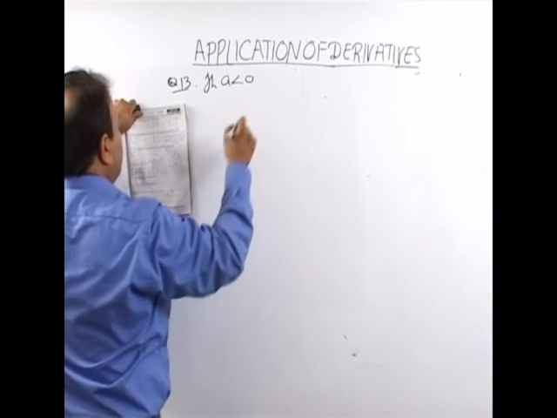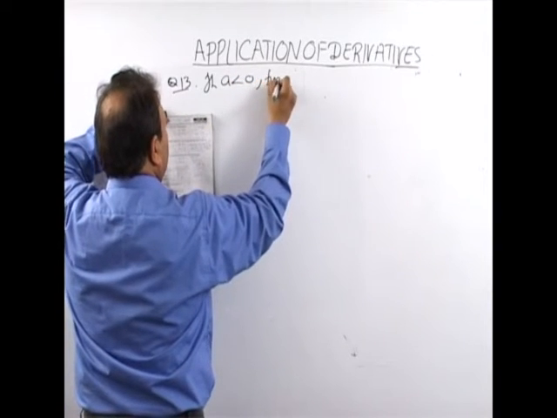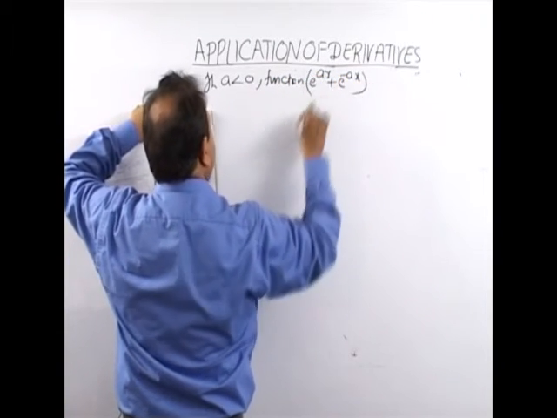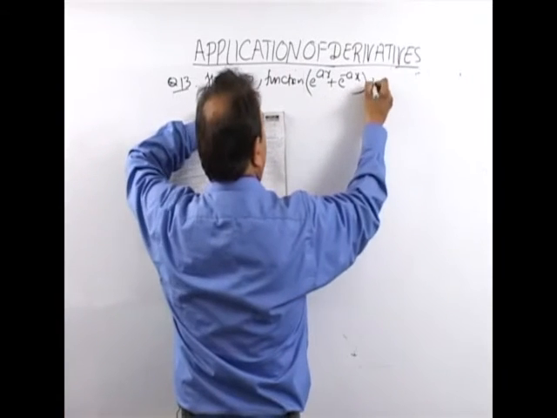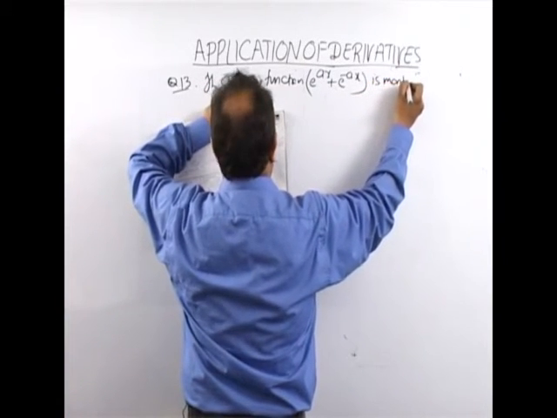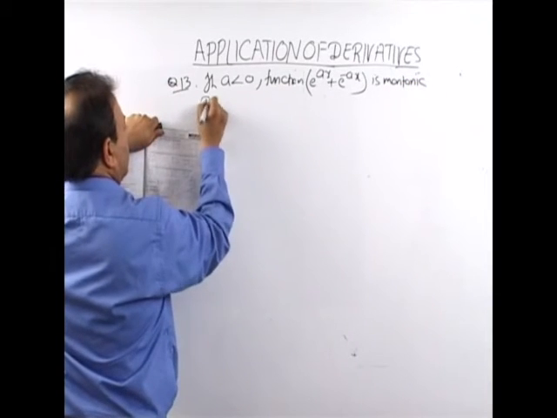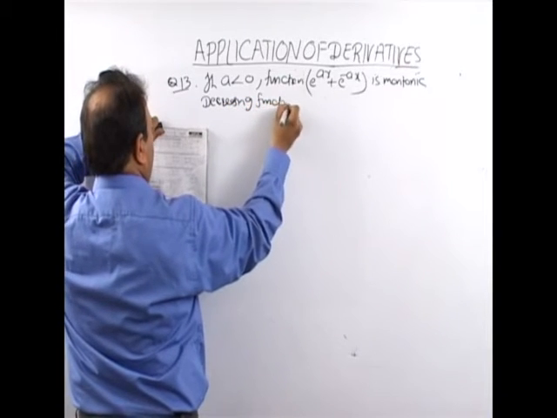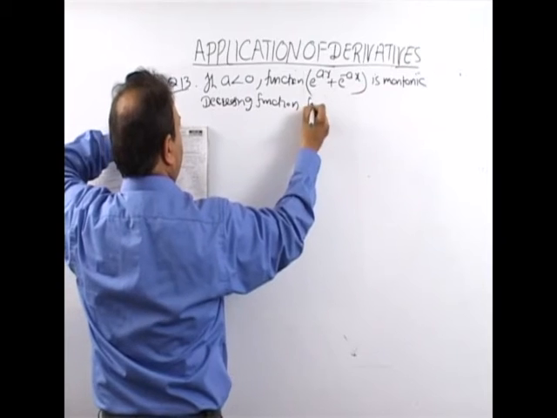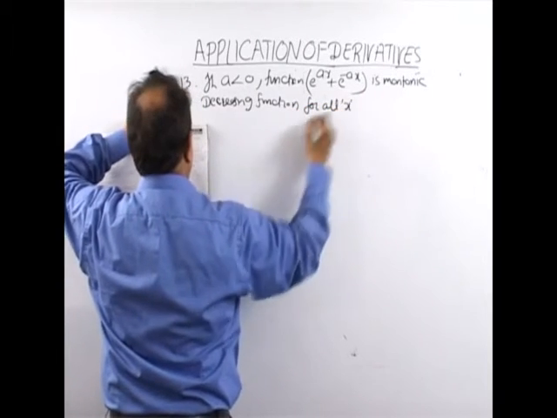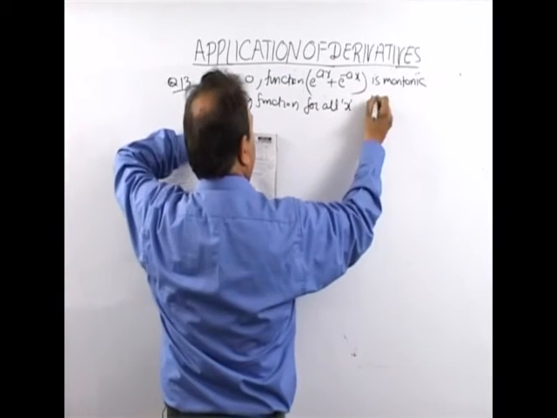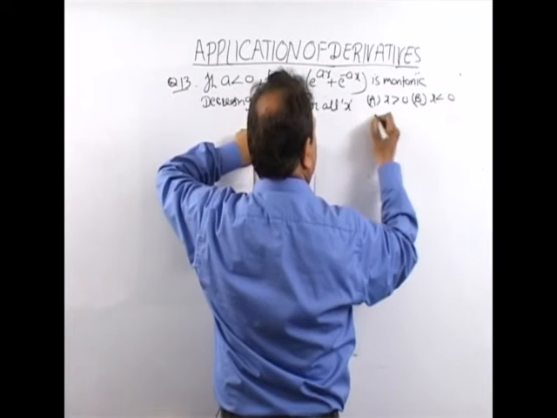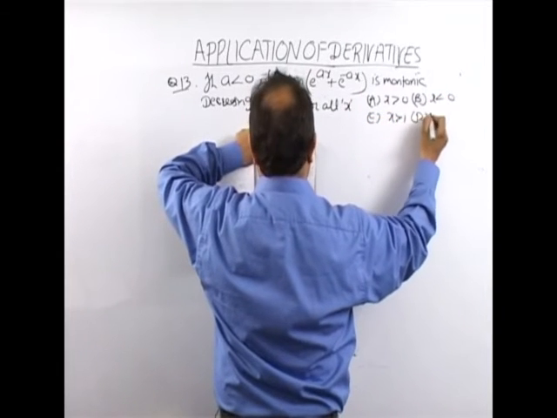If a less than 0, the function e the power ax plus e the power minus ax is monotonic decreasing function for all x, where a part is x greater than 0, b x less than 0, c x greater than 1, d x less than 1.